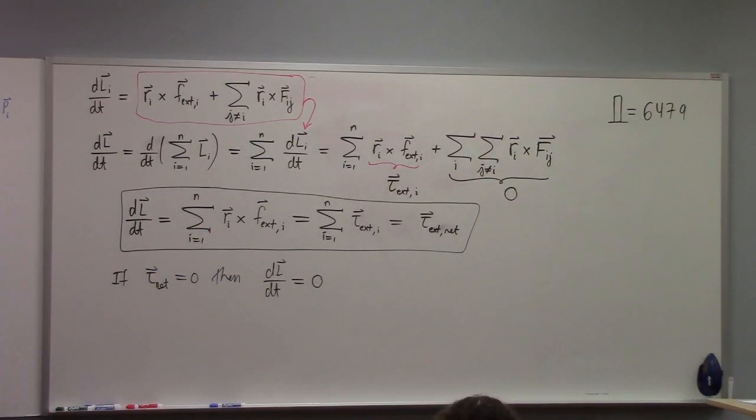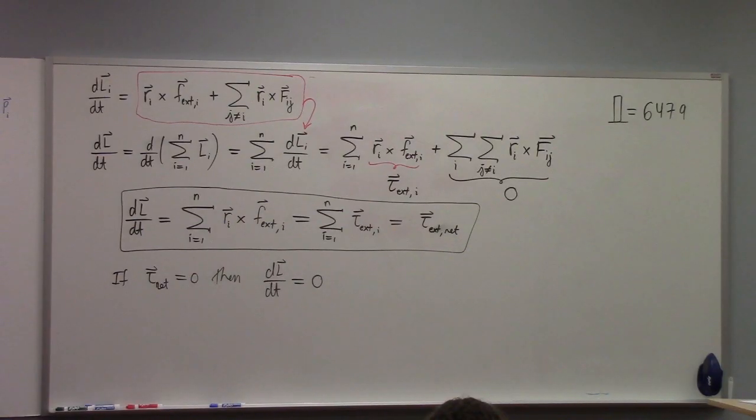What does that mean? That means that the angular momentum is conserved. If the net torque on a system is 0, the angular momentum is constant. Any questions?